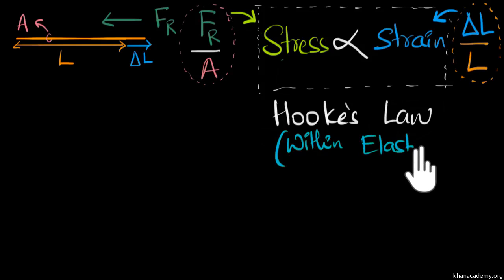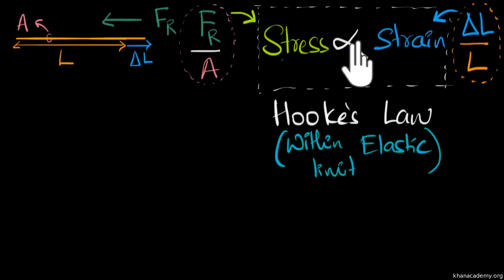Every material will have its own elastic limit, but there will be some limit. So as long as you're within that, this proportionality holds. And now we can go ahead and replace this proportionality with an equal to sign and put a constant over here. And we'll try and understand what this constant is really telling us.